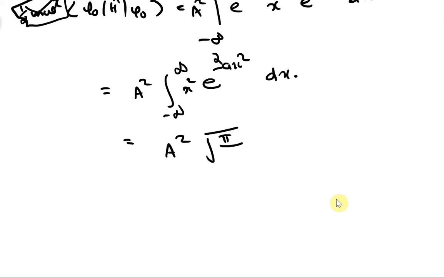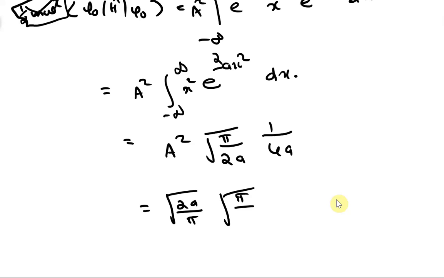This corresponds to 2a into 1 by 2a, that is 4a. So a square is nothing but root 2a by pi, and here I can have pi by 2a, and that will cancel with the 1 by 4a. So this is cancelling each other, and in addition you have 1 by 4a.